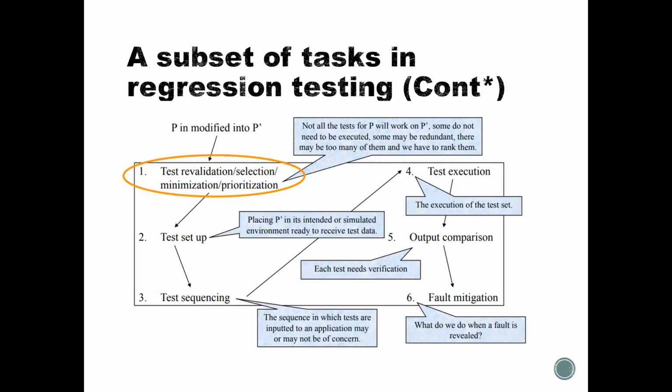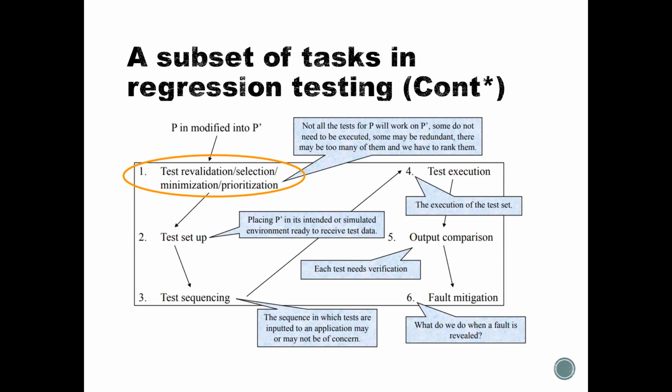So, test validation, selection, minimization, and prioritization. Here we are interested in this P dash. Initially you have a program P, and now you have a modified P dash. Selection, minimization, and prioritization is a process with the help of which you revalidate this P dash, meaning this modification.